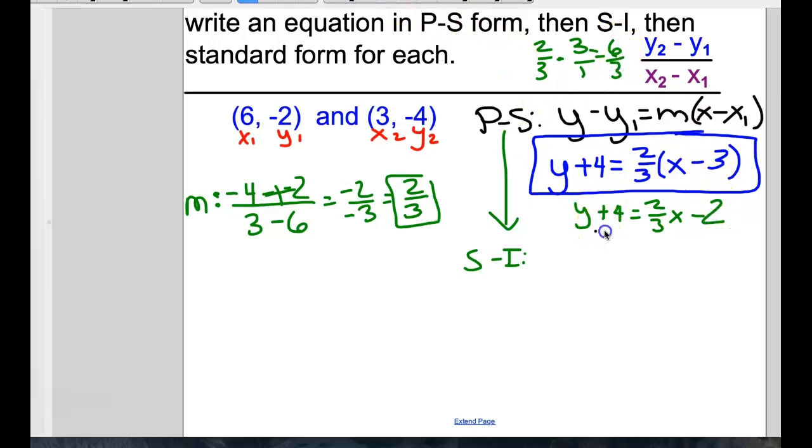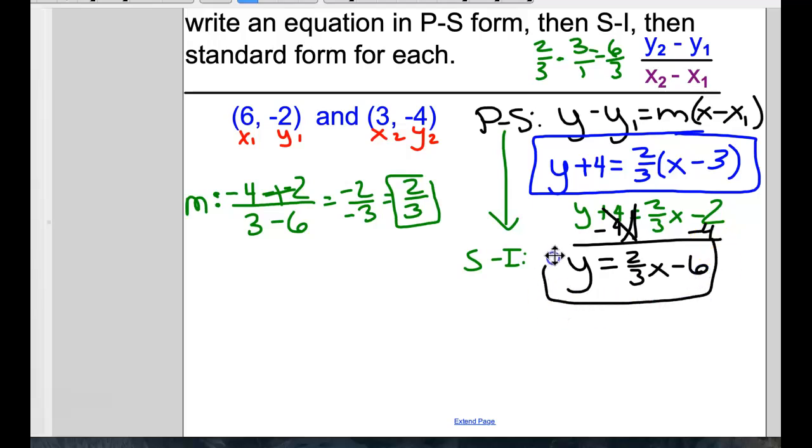I'm going to minus my 4 to both sides to get my y alone. And I would have my slope-intercept equation be 2/3 x. Negative 2 minus 4 is a negative 6, right? So now I have my slope-intercept equation, and now I can turn this slope-intercept equation back into standard form.